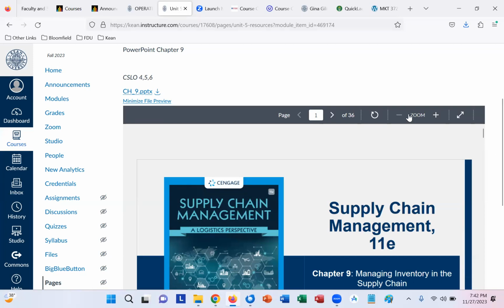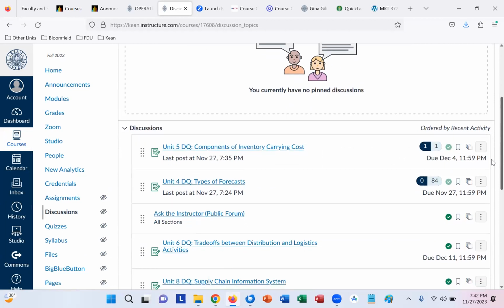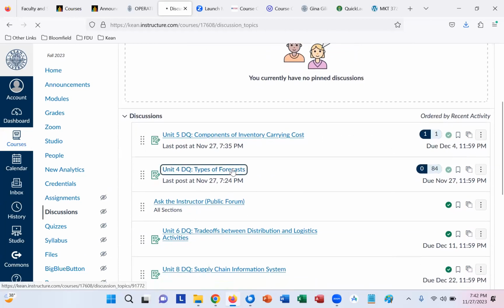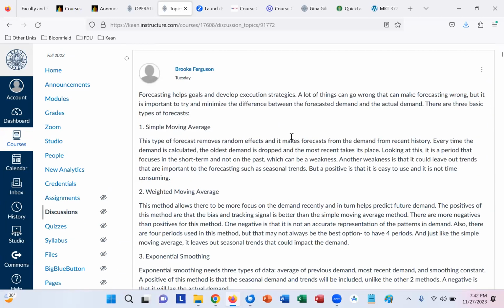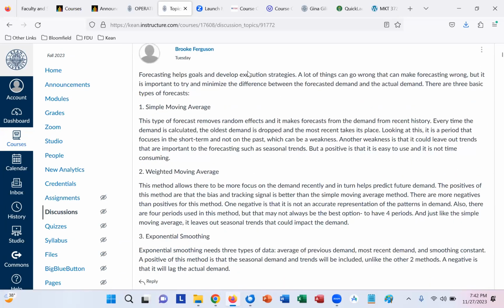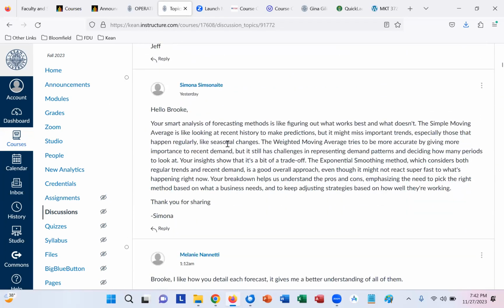So again, I want to touch on once again, since this has been a problem the entire course, make sure that you are putting together a strong initial response, as I used Brooke's example here, with a strong response follow-up, as I used Simona's example here.